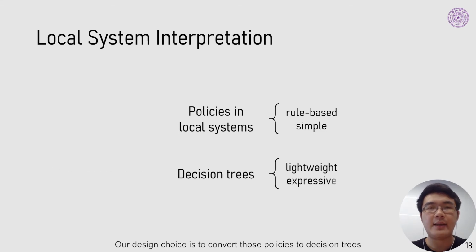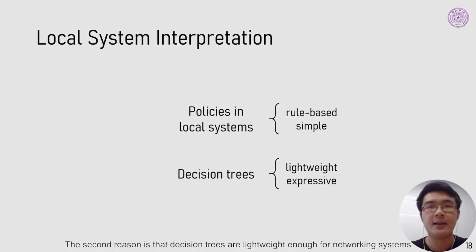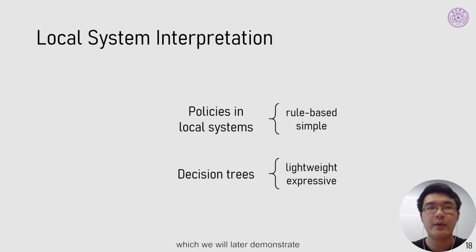Our design choice is to convert those policies into decision trees. The first reason is that decision trees are non-parametric and can represent very complex policies by design. The second reason is that decision trees are lightweight enough for networking systems, which we will later demonstrate. Moreover, the structure of decision trees also resembles the rule-based essence of local systems, such as the routing table.